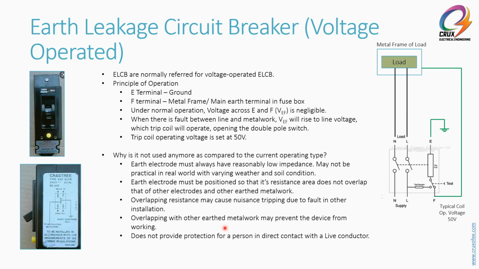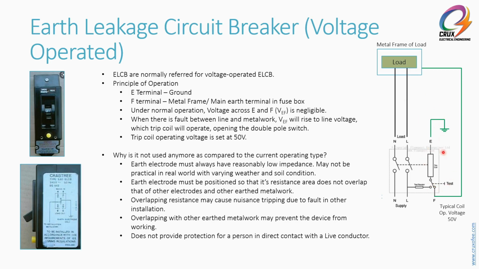Finally, the most critical part is that if somebody touches the live part directly while standing on the ground, this ELCB will never detect that, because the leakage current goes directly from the live to the ground through that person.